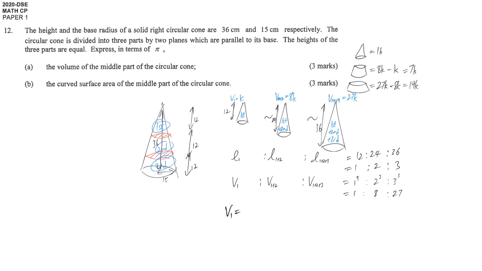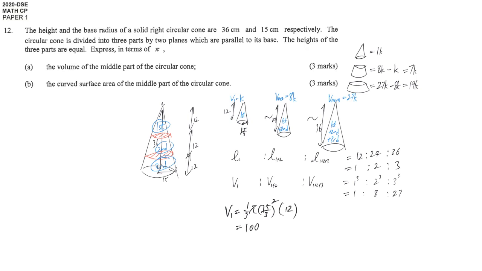Now we calculate the volume of the first one, V1. From 36 to 12, we divide by 3, so the radius is equal to 15 divided by 3 also. Then we apply the volume formula of a cone, 1 over 3 pi base radius squared times the height. Base radius is 15 over 3, and the height of this smallest cone is 12.